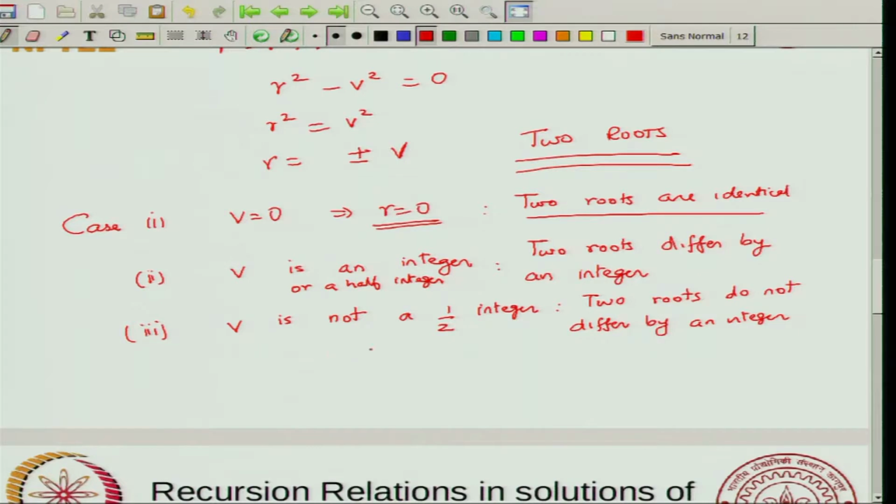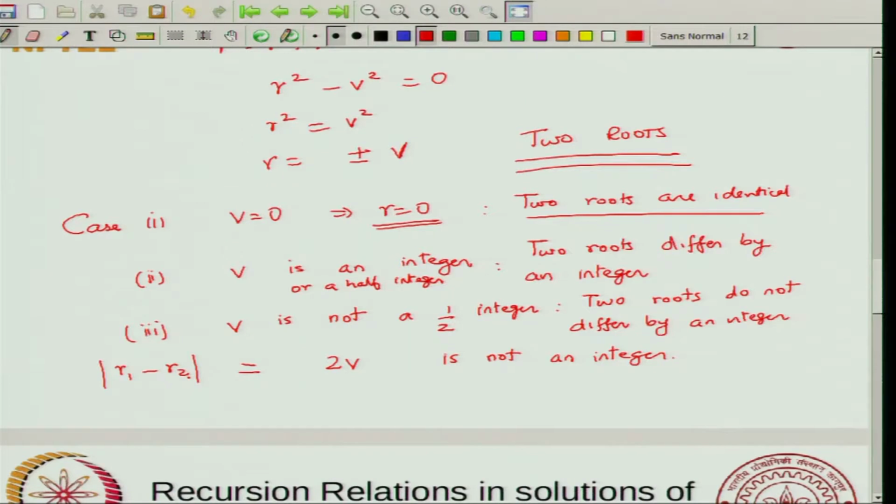That means 2v, which is R1 minus R2, is not an integer, and in this case you have two linearly independent solutions corresponding to R1, which is v, and R2, which is minus v.